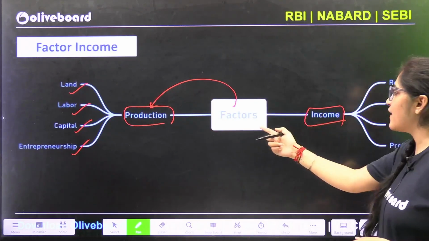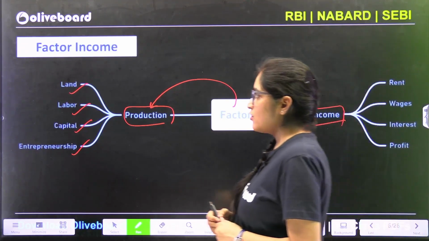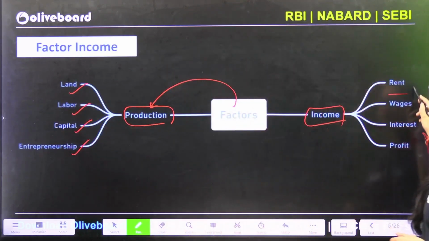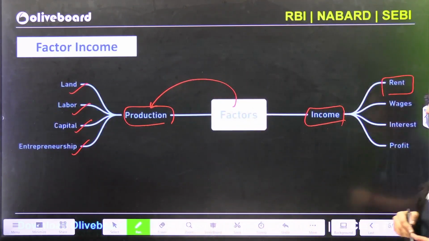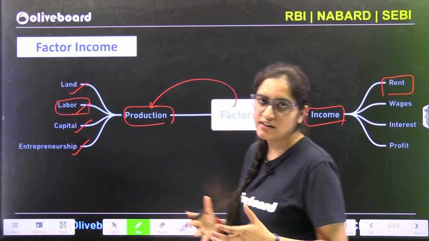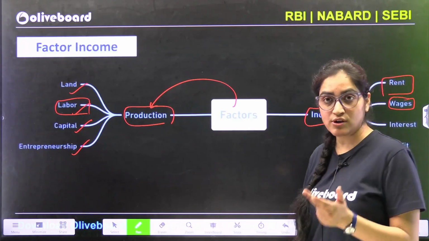That is known as factor income. Like, when you are using land, you get rent. The hard work that a labor puts in, in replacement of that, the labor will get wages, salaries, bonuses.